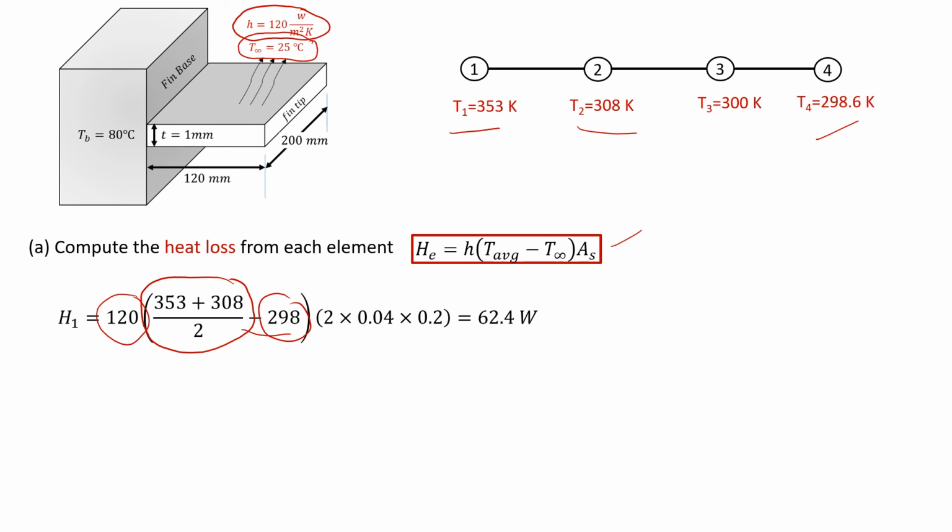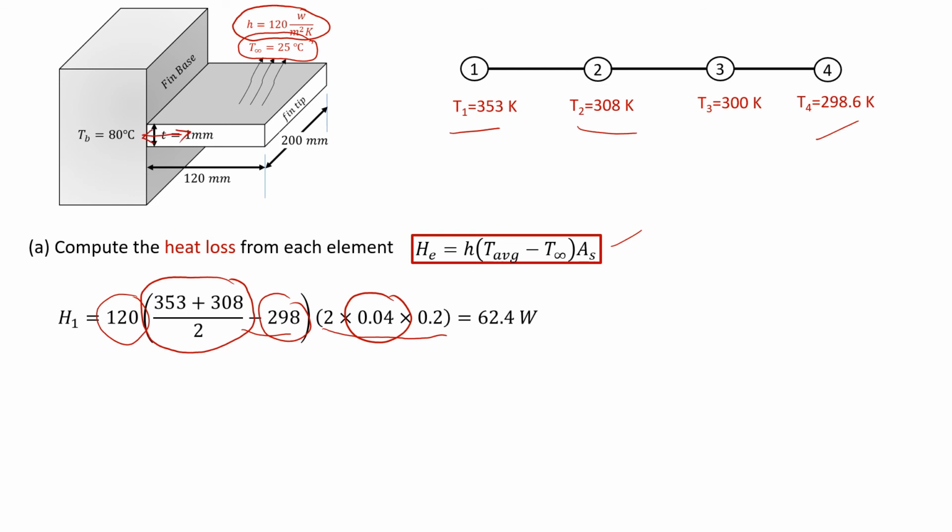And then we multiply this equation with the surface area of element 1 that is exposed to the convection process. As we calculate the surface area of element 1, please remember to consider only the length of element 1, not the length of the fin. So in this case, we calculate this area.